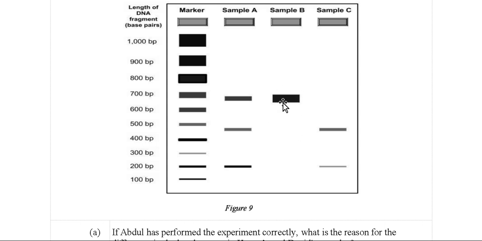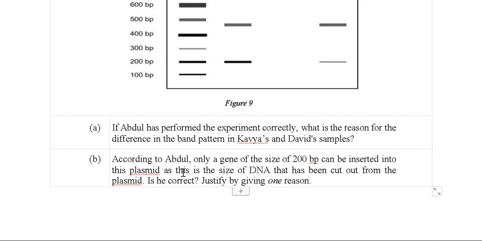As it is still attached here, we are not seeing any other band. That means restriction enzymes are not used here, or the restriction enzyme used for sample B is not actually working on the particular portion of the gene which they want to insert. This is my answer.